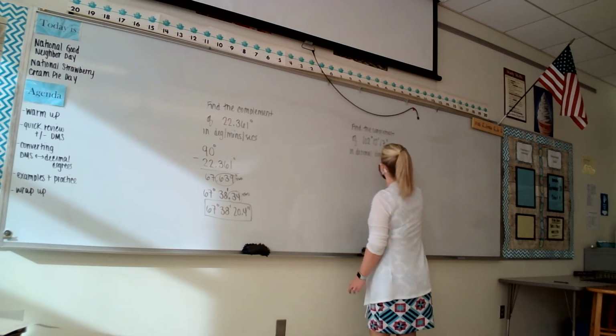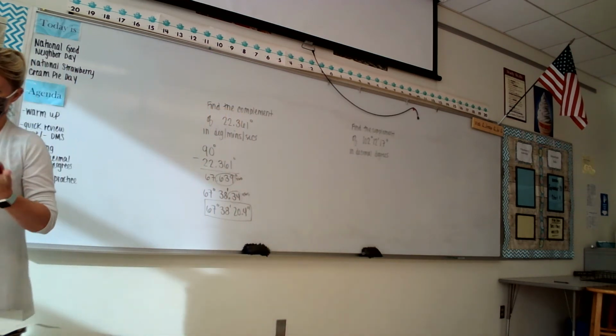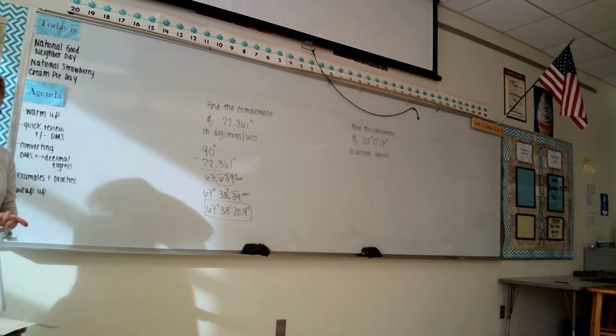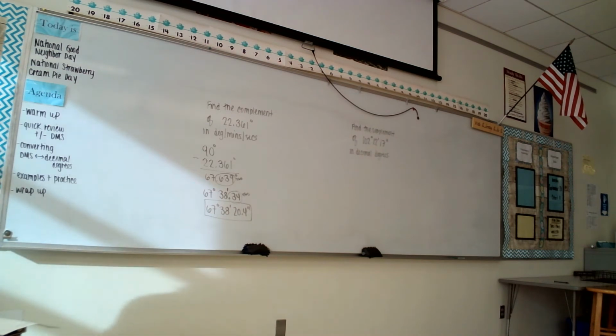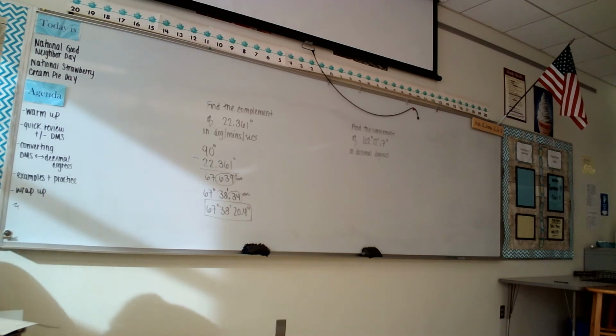Find a new marker here. So going along the same lines of what we just did, what should they add to? What should I do with the angles? Subtract them. And then do I have to convert? Can you try that one? So I'll give you a minute for that.